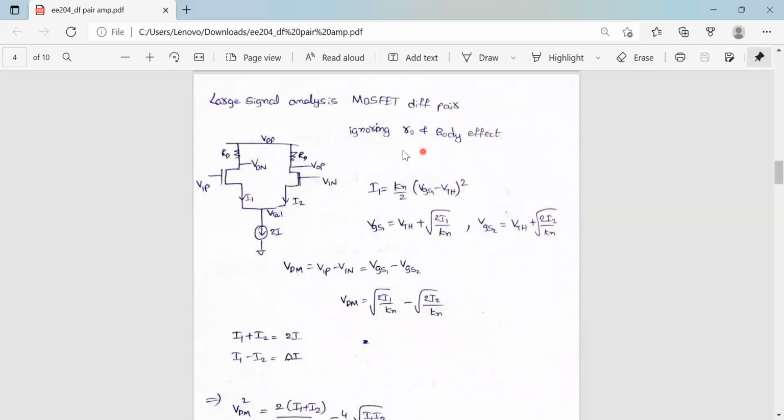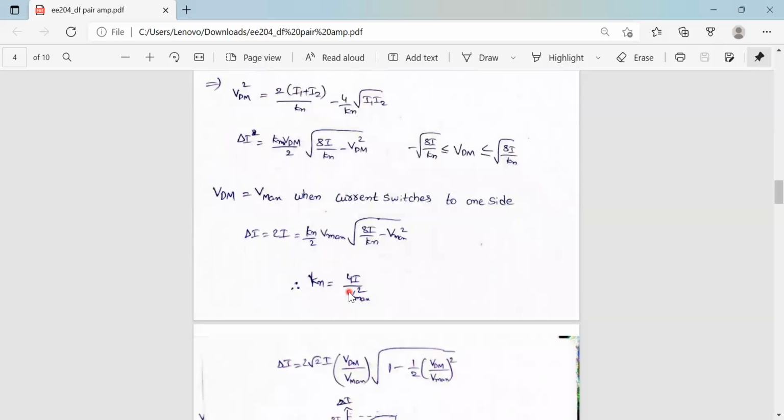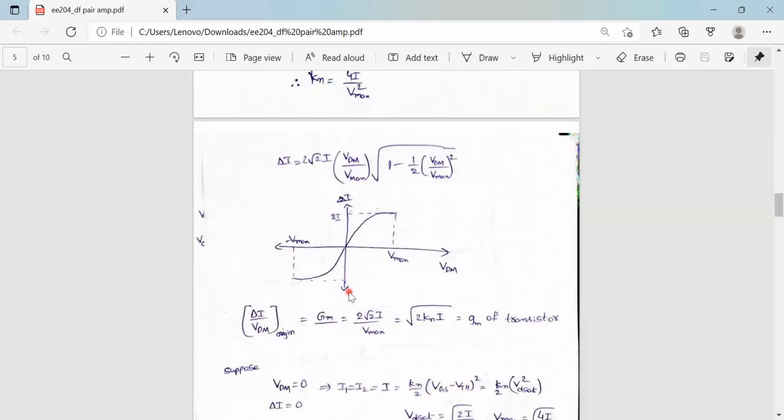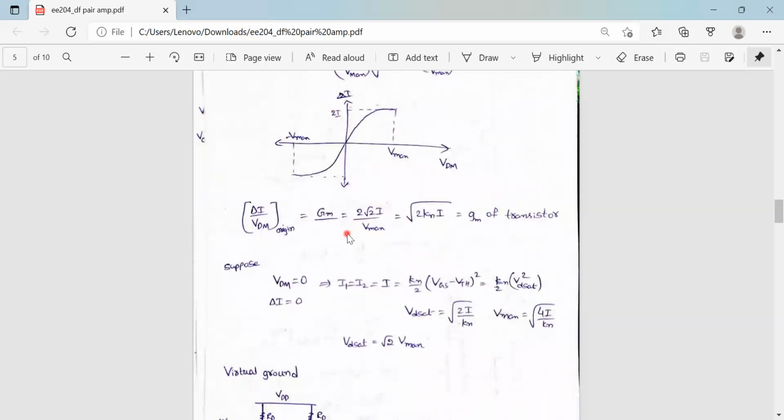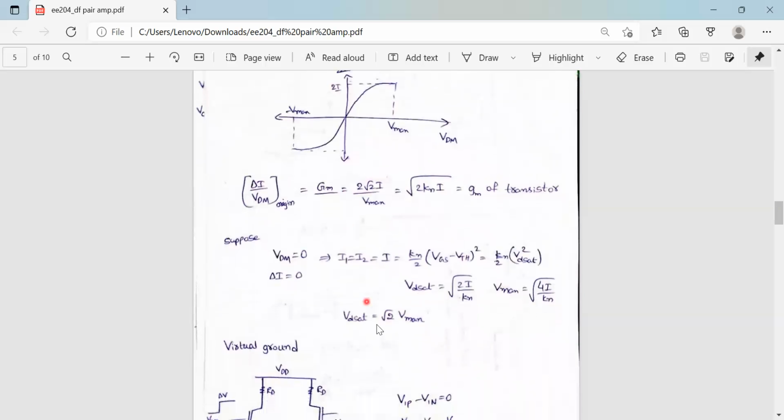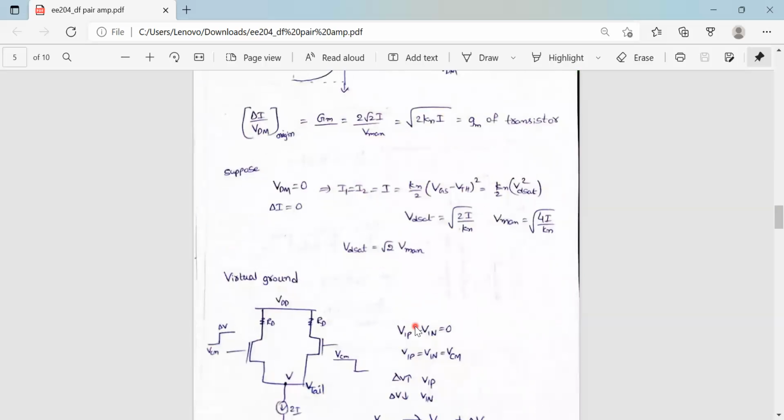Here we take equations like this, and if we solve them, we get a similar graph, but at Vmax it converges to 2I, the differential current, where VDSAT is equal to root 2 Vmax. This is the relation between Vmax and VDSAT.